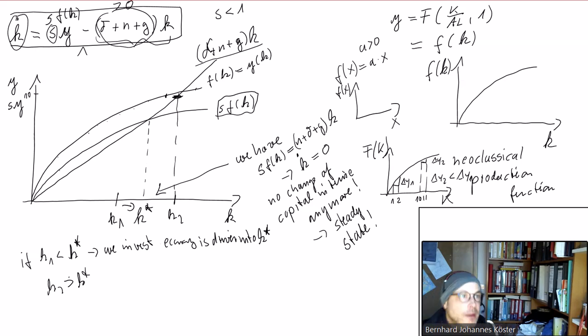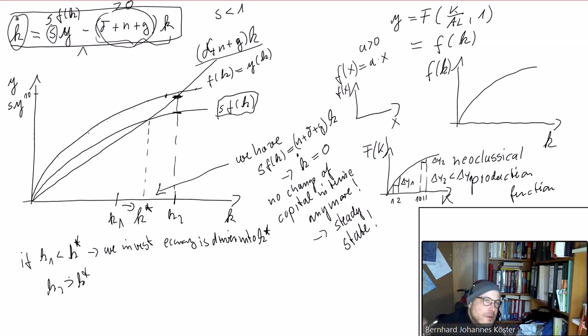Then delta plus n plus g times k. So especially the depreciation delta times k is larger than our savings s times f over k. So in this case, we have, so to speak, an overinvestment.